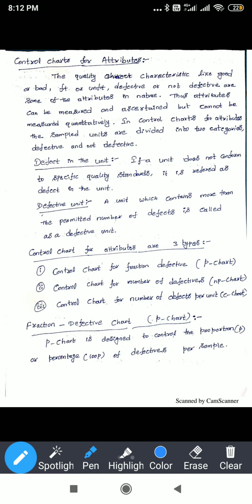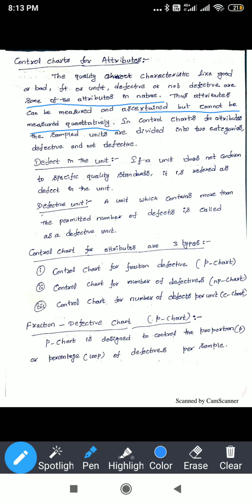Quality characteristics like good or bad, fit or unfit, defective or not defective are some of the attributes in nature. Thus, attributes can be ascertained but cannot be measured quantitatively.